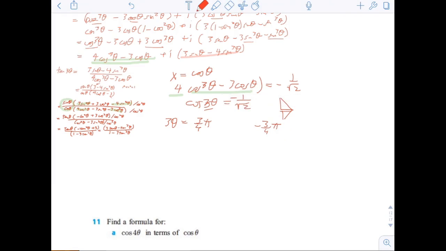So we could say plus 2 pi k, or plus 2 pi k, where k is any integer. Now theta would be equal to all that divided by 3, so it would be pi over 4 plus 2/3 pi k, or negative pi over 4 plus 2/3 pi k.